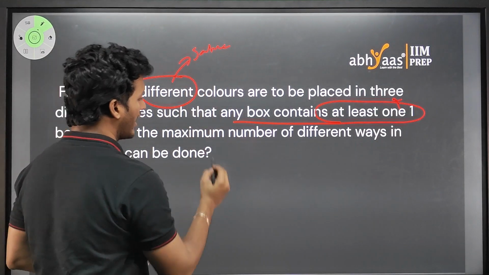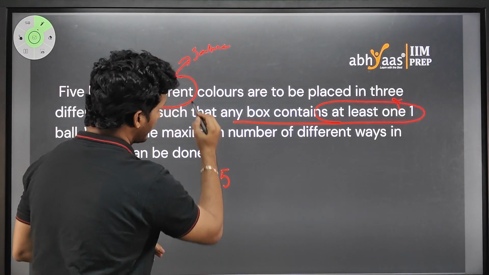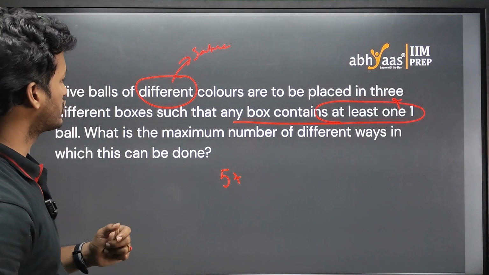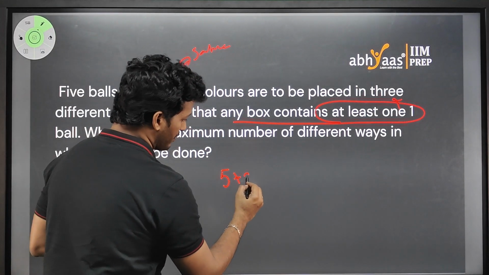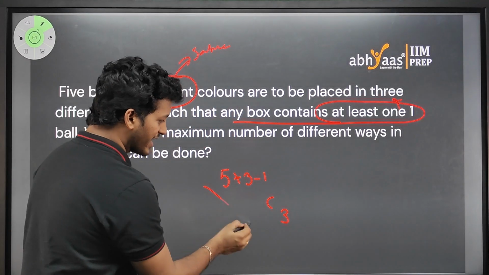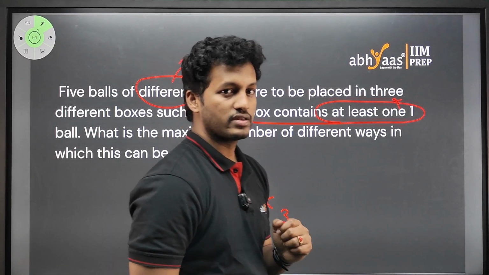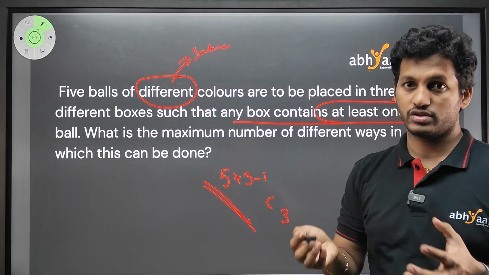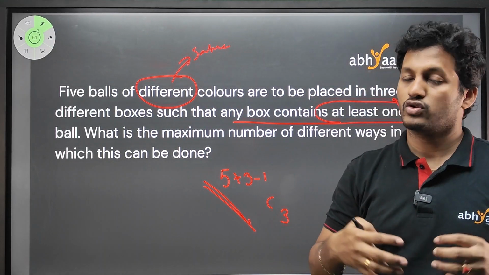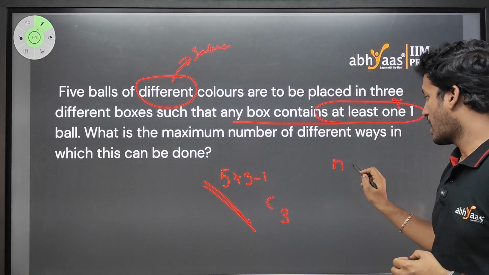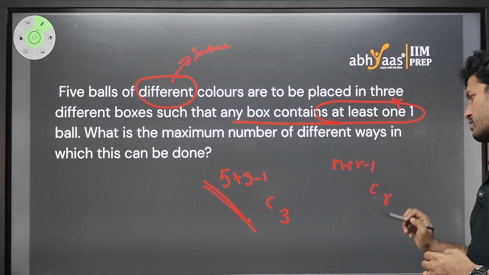Then you take 5 balls plus, between how many boxes do I have to distribute? 3 boxes. So 5 plus 3 minus 1 C3. This arrangement should be used whenever I distribute the same type of things between R number of things: n plus R minus 1 C R.